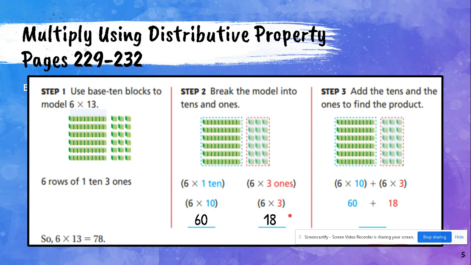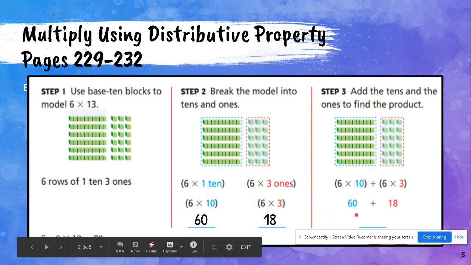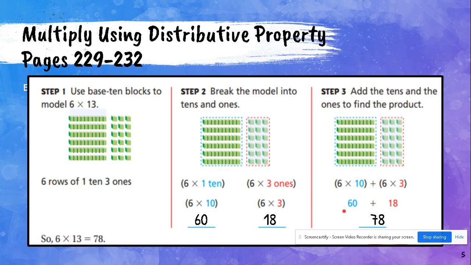We're going to add these two products. 60 plus 18 equals 78. Draw a picture, do your turtle, practice your multiplication, whatever you need to do to get your answer.